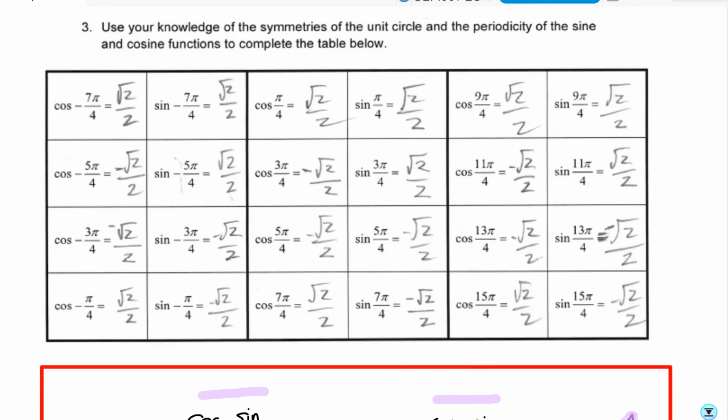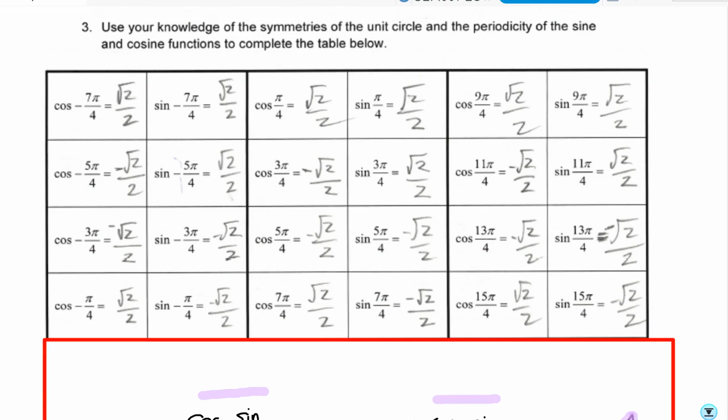So as I expose these, if I'm working from the first quadrant, it has a coordinate of xy of square root of 2 over 2, comma, square root of 2 over 2, in which case when I do cosine, which is the x value, it's the same as the y value. And then the only thing that's changing again is depending on what quadrant you're in, will depend on the sign of the x and the y values.